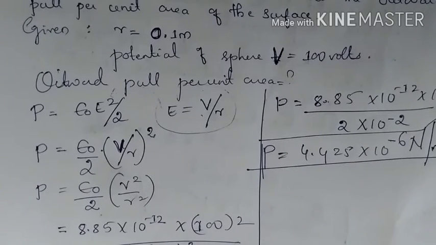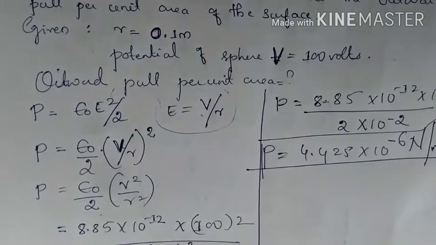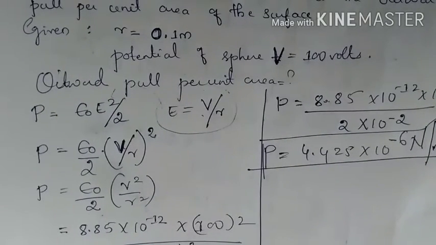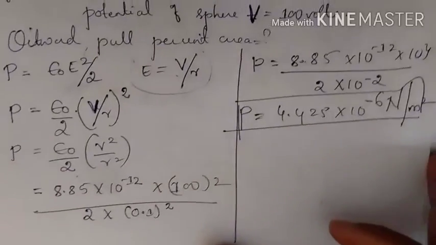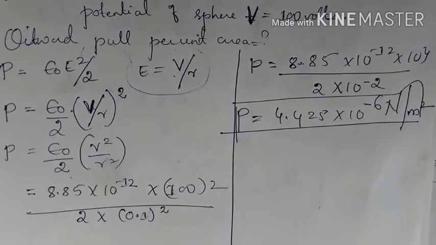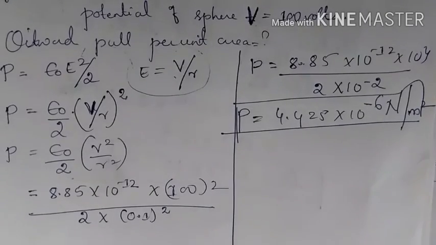V by R is the electric field. Substitute that in the equation. Then you get P is equal to epsilon naught by 2 into V square by R square. The next step is just to substitute the values which are given in the data. If you substitute, then you get 4.425 into 10 power minus 6 Newton per meter square.